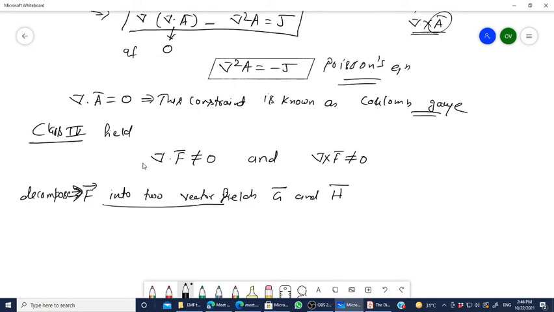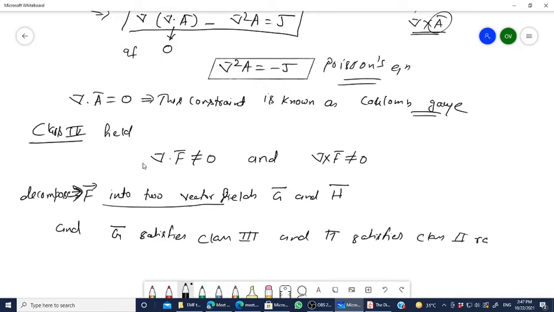G vector satisfies, let's say, class 3, and H vector satisfies class 2 requirements. What are the requirements?